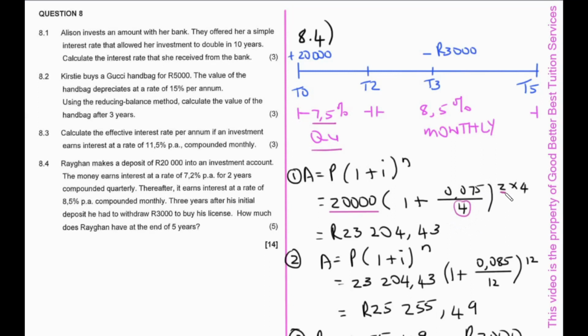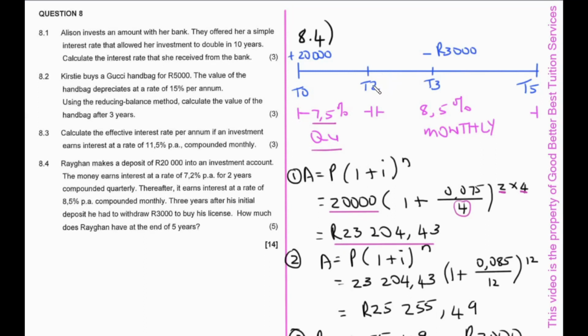It was in for 2 years. And what do we do with our n value? If we divide our i by 4, we must multiply our n by 4. So we have 2 times 4. And we substitute all of this into the calculator, and we get a value of 23,204 Rand and 43 cents. This becomes our new principal amount.